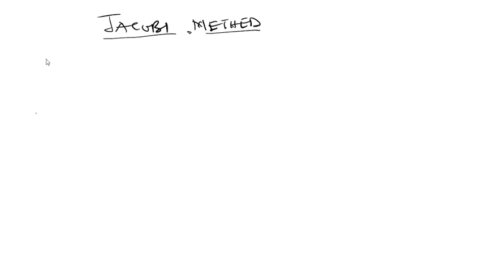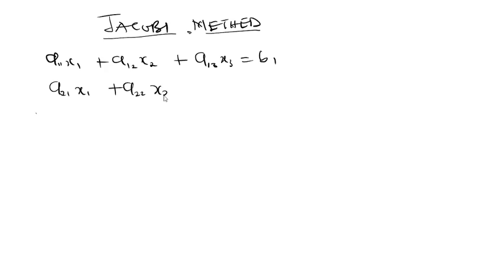Let's say we have a system of linear equations: a11x1 plus a12x2 plus a13x3 equal to b1. Also a21x1 plus a22x2 plus a23x3 equal to b2.